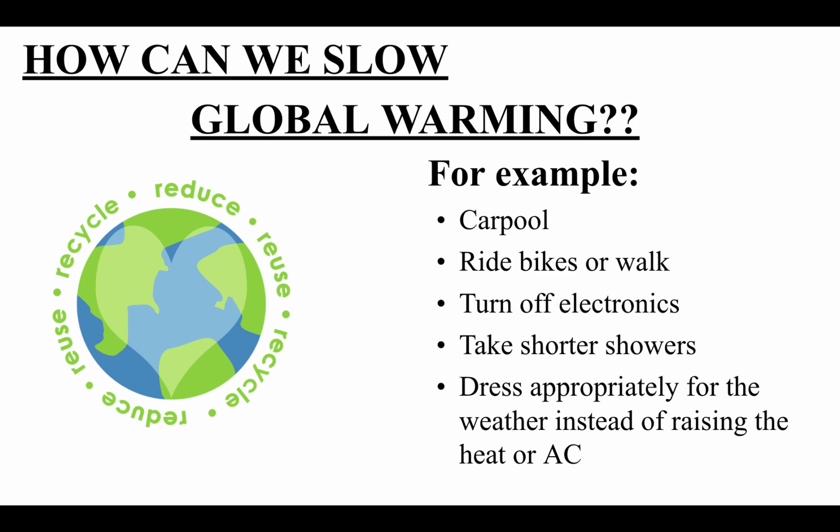Don't leave them plugged in. In order to form electricity, we have to burn fossil fuels, or that's how we currently form most of our electricity. So turning off electricity is helpful. Lastly, we could adjust appropriately for the weather instead of raising the heat or AC.